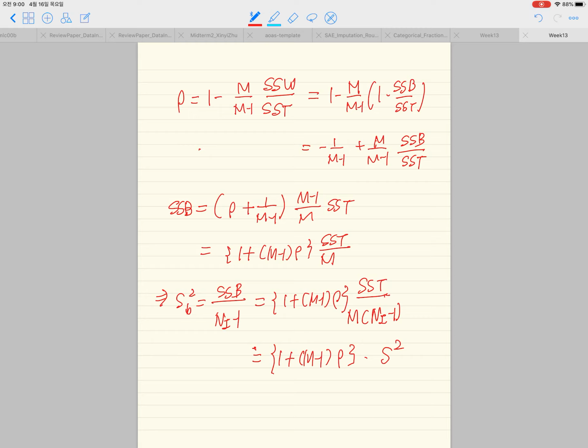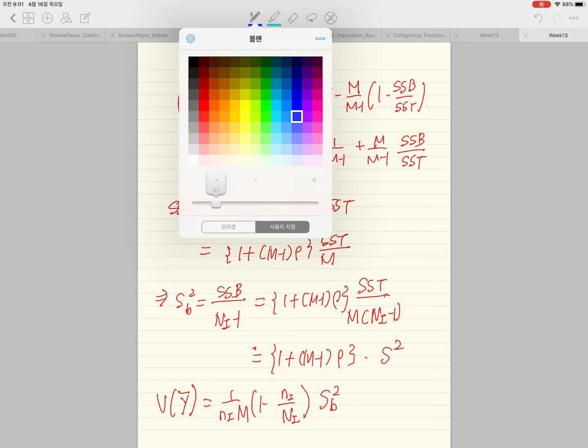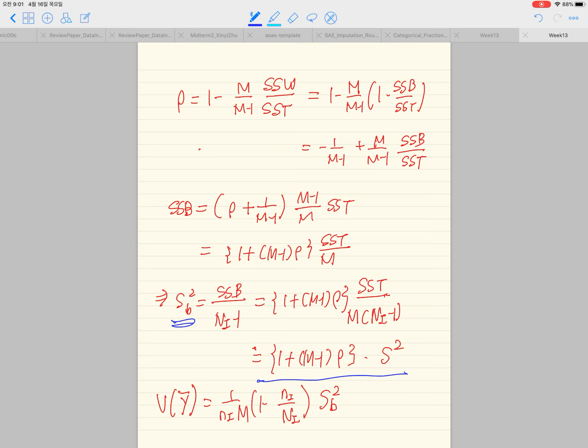So we use this, and then the variance of y bar under simple random cluster sampling is 1 over n... oops, sorry, this is not correct. What am I doing? Okay, and then SB square. So we want to use this equality to plug in.